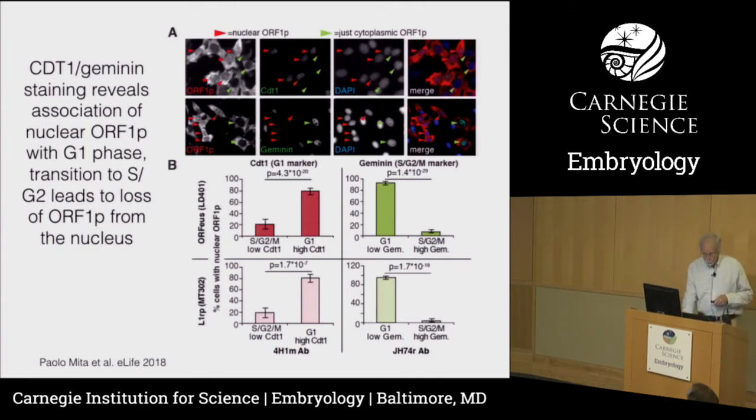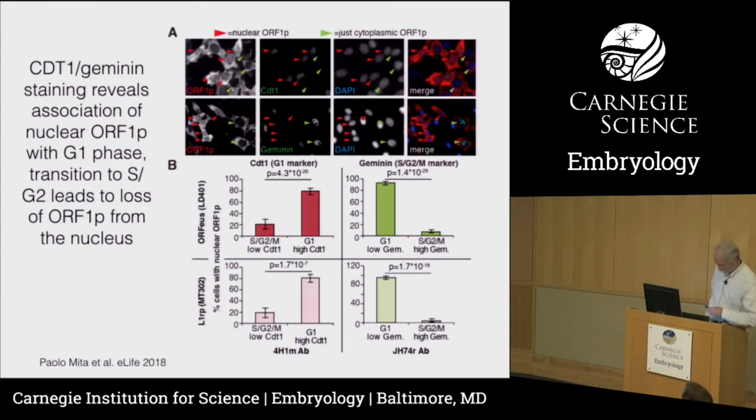So Paulo was able to show that in the G1 phase, the nuclear association of ORF1 became very obvious in the G1 phase. And then as cells transitioned to the S/G2 phase, this led to a loss of ORF1p from the nucleus.